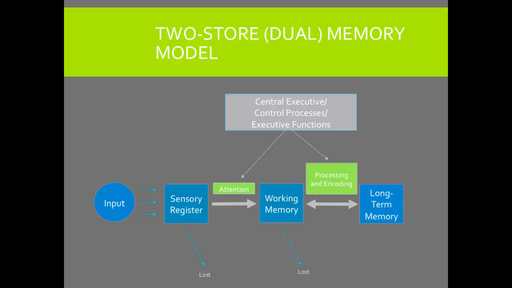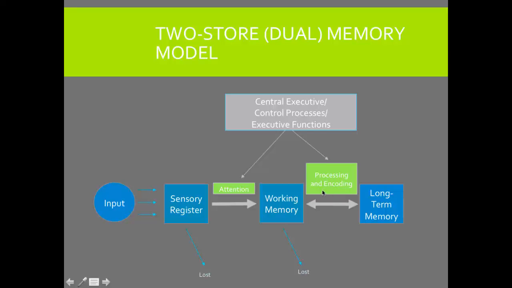Now, notice that I say things, and this is important as we think about differences in working memory capacity, or what constitutes a thing or a chunk that we can hold in our working memory. In order to move from the working memory to the long-term memory, you need processing and encoding to occur.